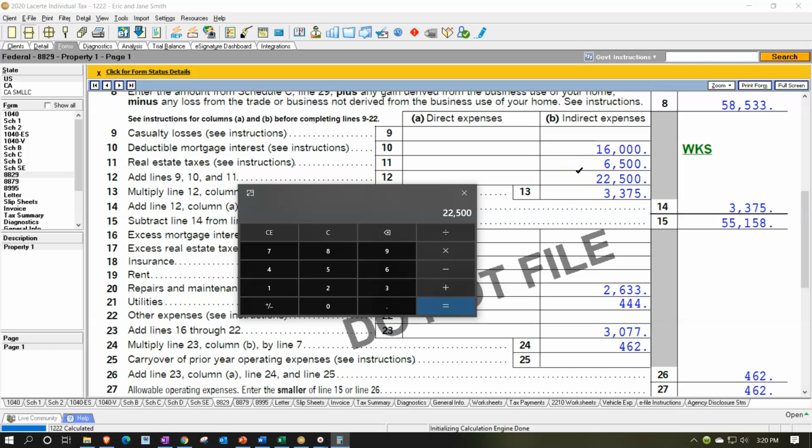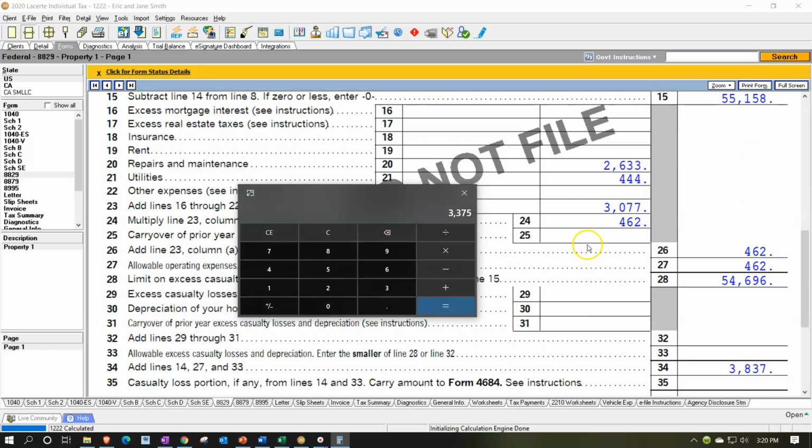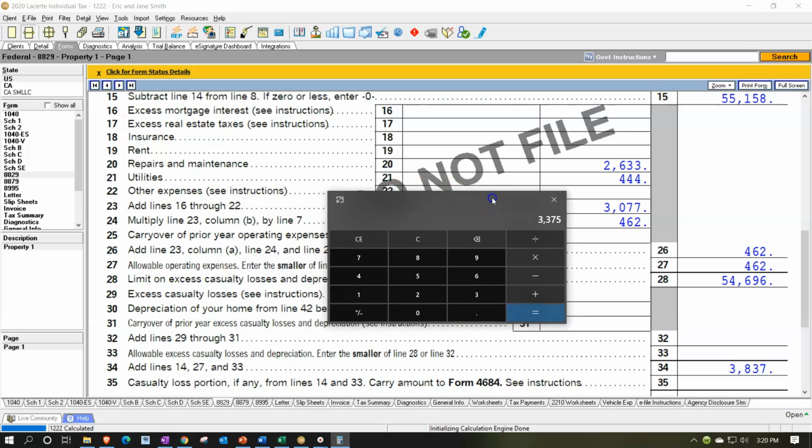These are the ones that are going to be split between here and the Schedule A. And if I multiply that times the 0.15 ratio that we had, we've got the 3375. These items down below are indirect as well, but these are items that are not going to be split, meaning they're only deductible here on the Schedule C, not on the Schedule A. We've got the 2633 plus the 444.